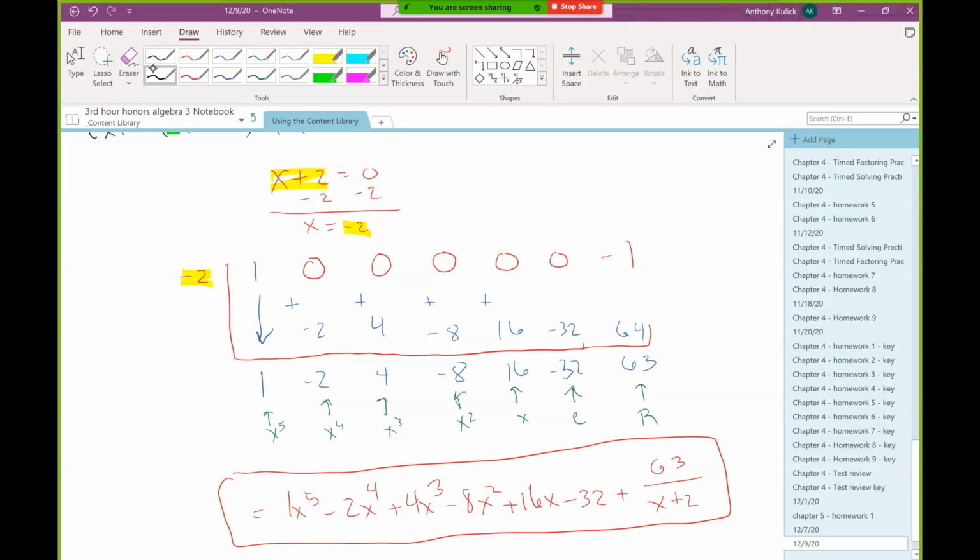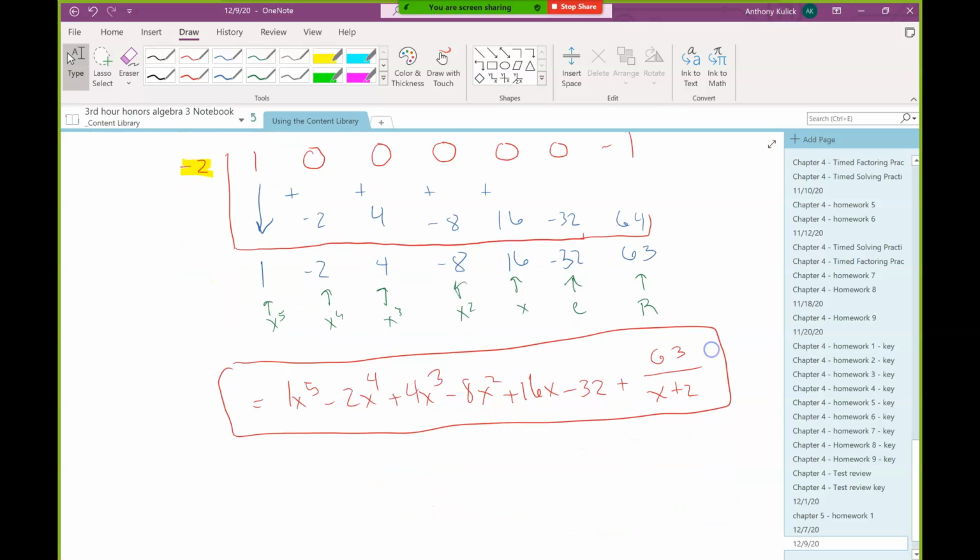Particularly in second semester when we continue on in this chapter and we start talking more about factoring and solving, dividing by these little linear polynomials is going to be kind of a key component to our technique. So we'll use this a lot in the second semester when we start factoring some larger polynomials. So we're going to get a lot of use out of this. It's quite a useful shortcut and a very, very valuable technique.